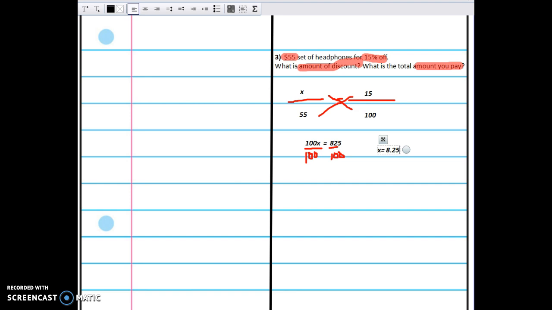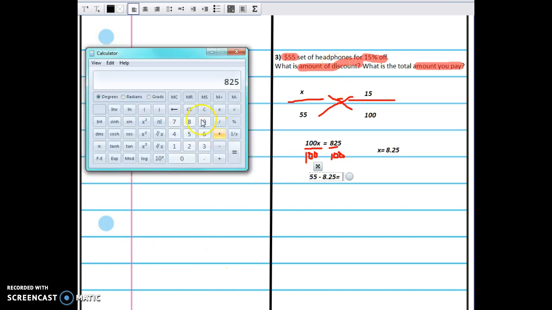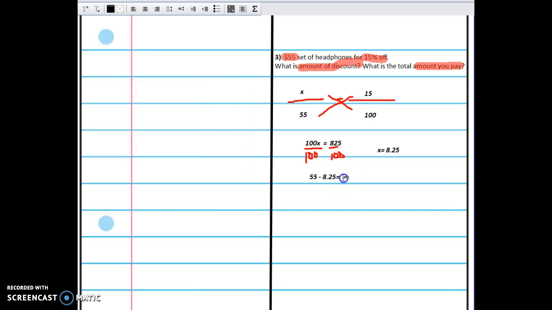Okay, but we're not through, because now we have to determine the sales price, the amount that we would pay. So what we want to do is take the 55 and subtract $8.25. Because remember, discount, decrease, both start with the letter D. Okay, so 55 minus $8.25 gives us $46.75.